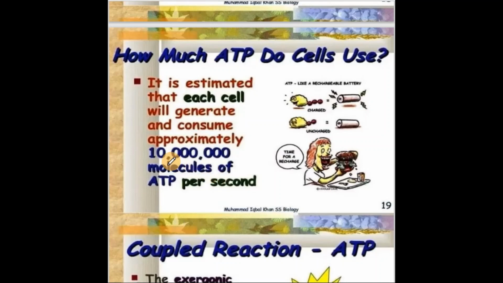If just one cell needs this amount of ATP for just 1 second, then you can imagine the number of ATPs consumed in 1 second in the body, because the body is made of millions of cells. So you have to ensure proper consumption of food so that you can have a net production of higher ATP molecules, to supply the body with enough ATP for the cells to consume for their metabolic activities.